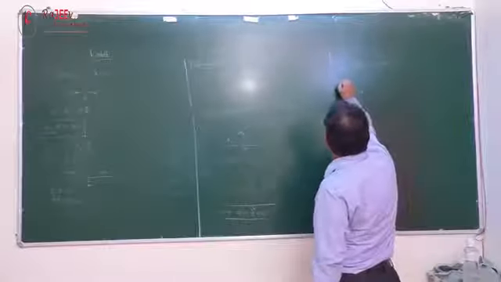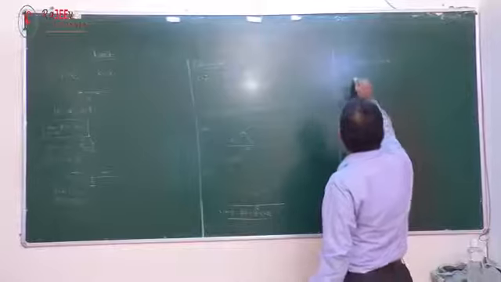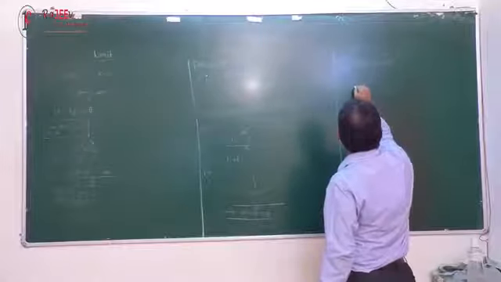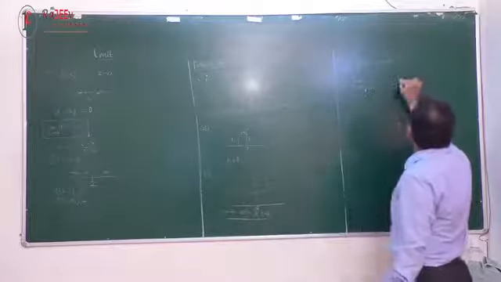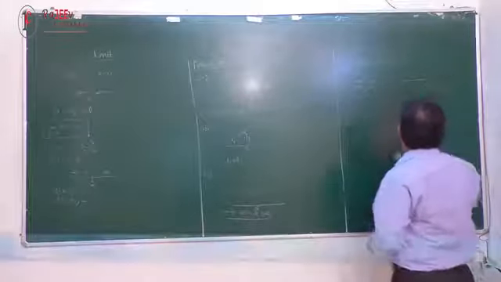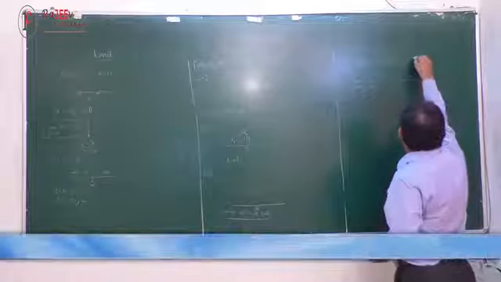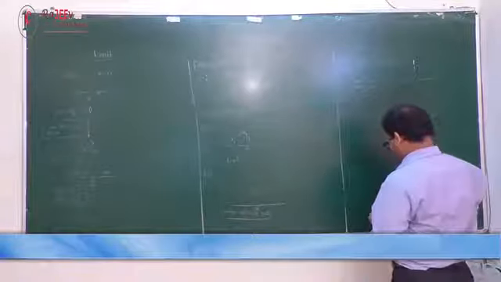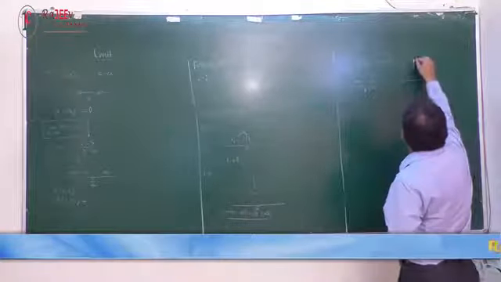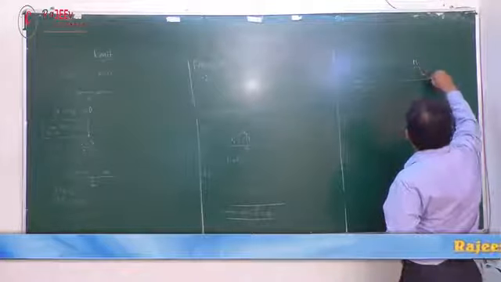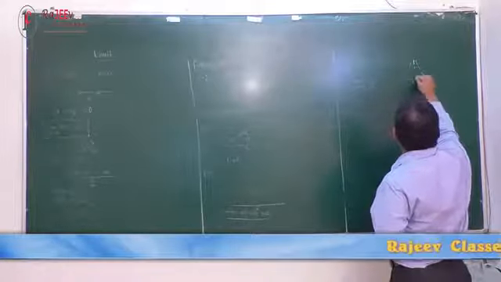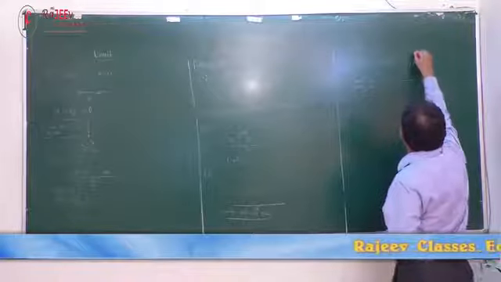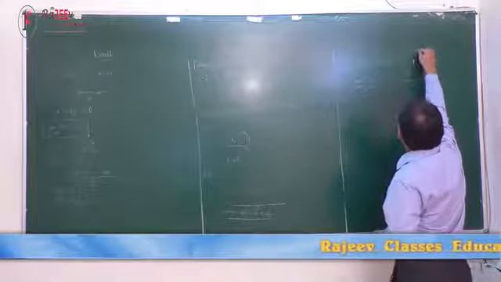Now, taking one example, suppose I am taking the function limit x tends to 0, 1 by mod of x. The function looks like this. Now, when we approach towards 0, the function moves towards plus infinity.